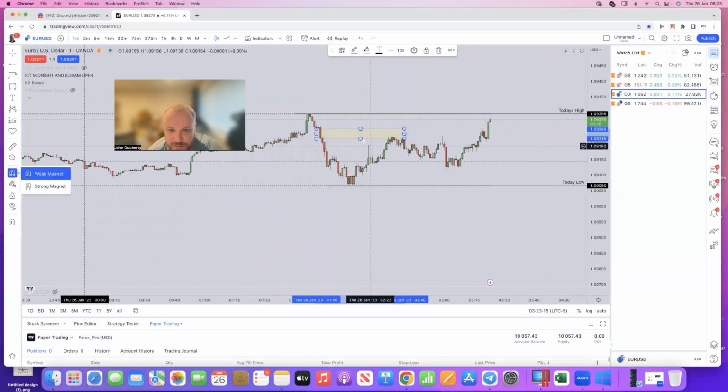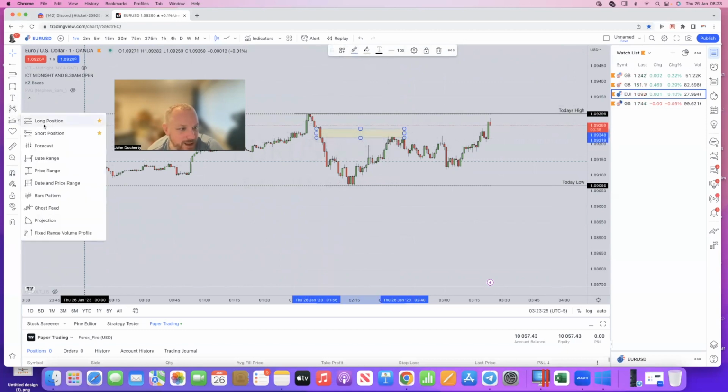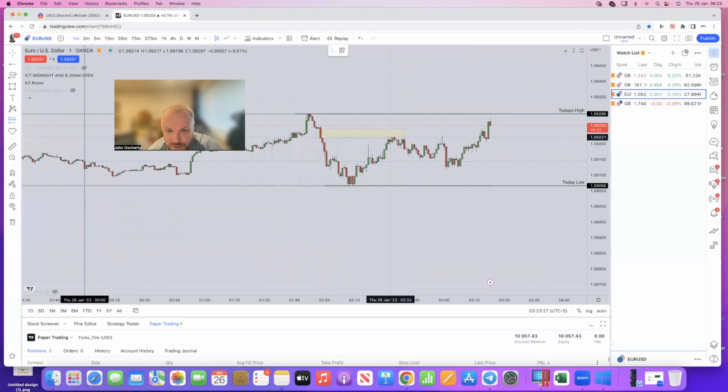Just take that magnet off. That's it there. And you can see it actually came into here, mitigated, and then it's moved down. So that would have been an entry there. Stop loss could have been above that. And again, target a 1 to 2. Yeah, you could have had a 2.5, to be fair. So we've missed out on the Euro USD.